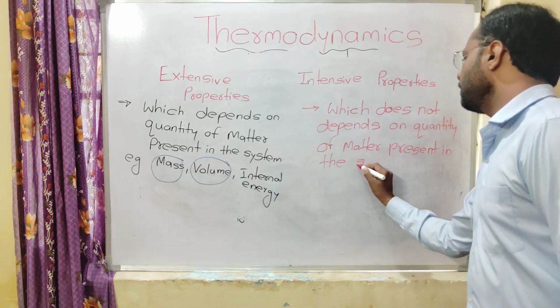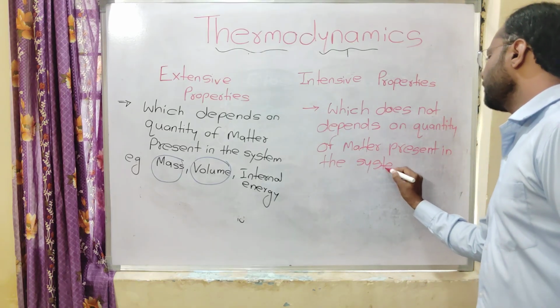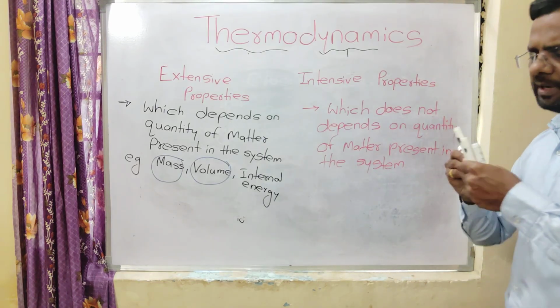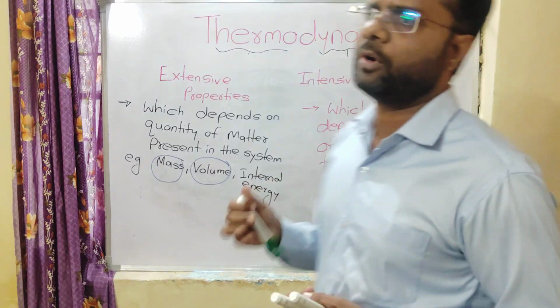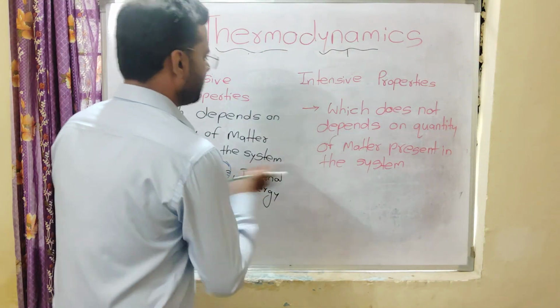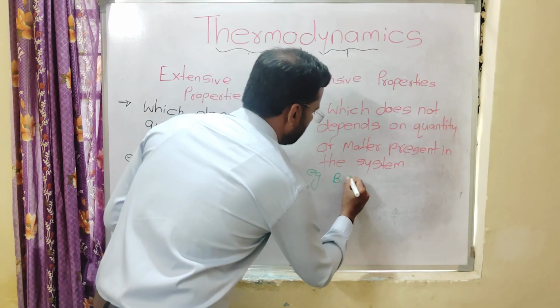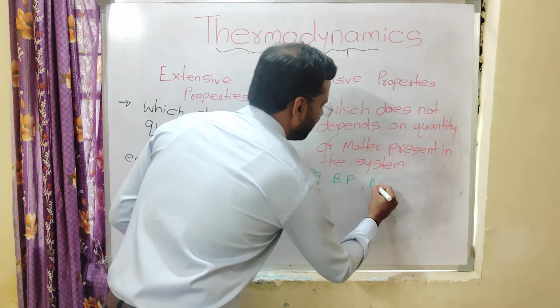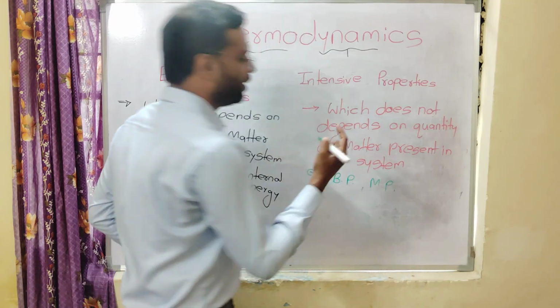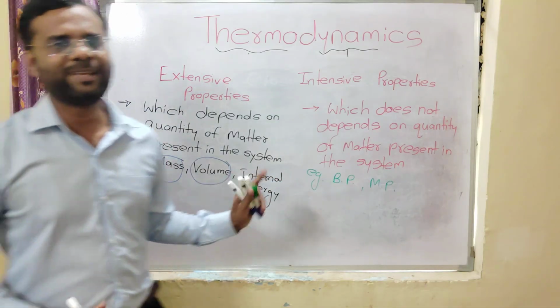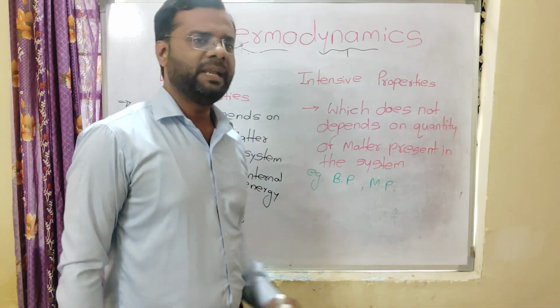The examples of that are fixed or constant quantities which cannot change with quantity of matter. If we take the example of boiling point, BP, that is boiling point, melting point. It is not BP as in blood pressure, it is boiling point. Okay, MP means melting point.